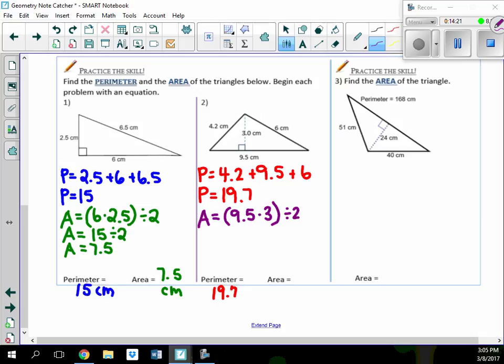So our area, 9.5 times 3 is 28.5. And then we'll divide that by 2. Right, exactly, which is 14.25. So our area is 14.25 centimeters squared.